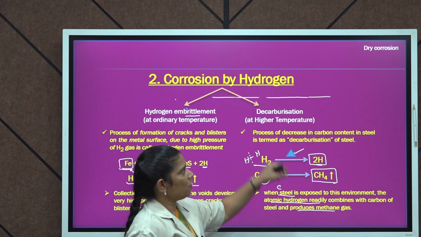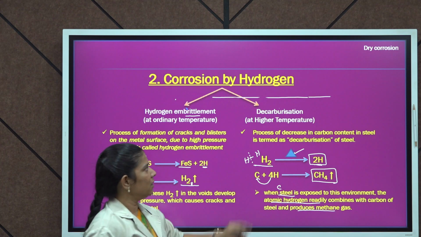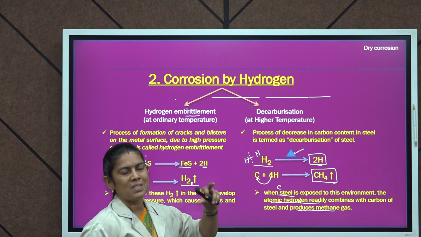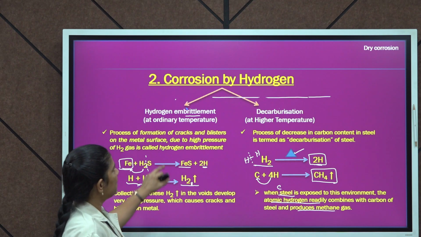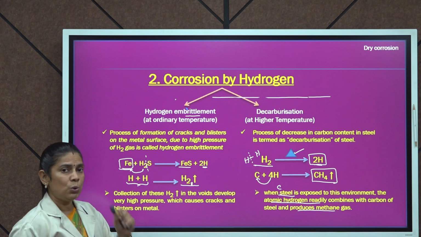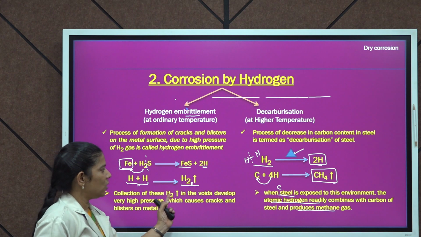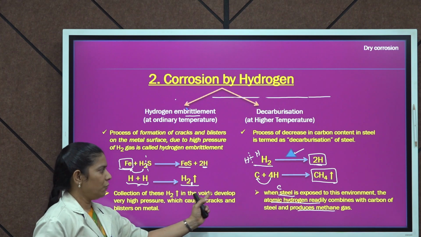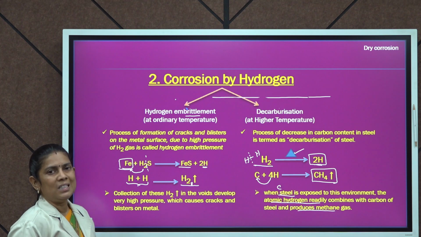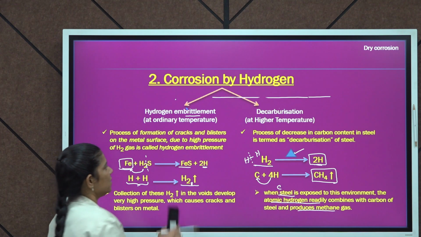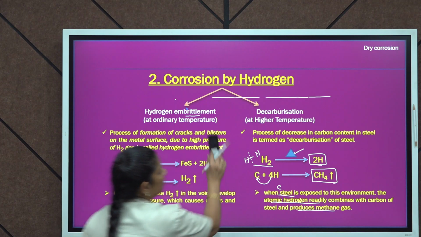The process of decrease in the carbon content of carbon steel is called decarburization of steel. And hydrogen embrittlement means that hydrogen gas at high pressure in the metal leads to cracks on the metal surface.